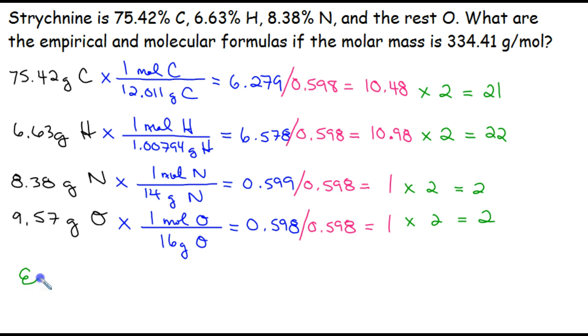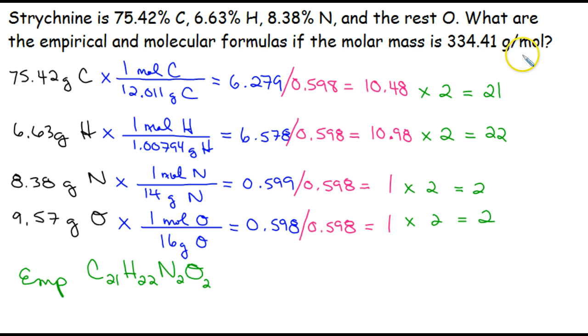So the empirical formula for strychnine is C21H22N2O2.